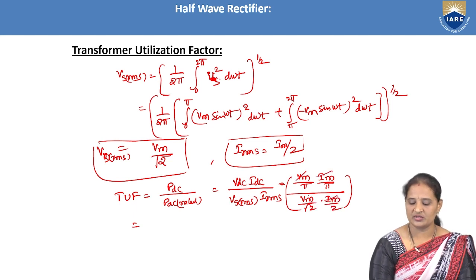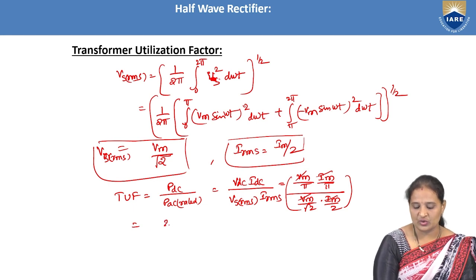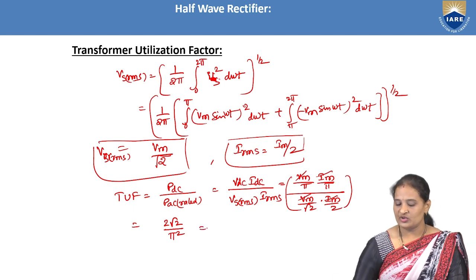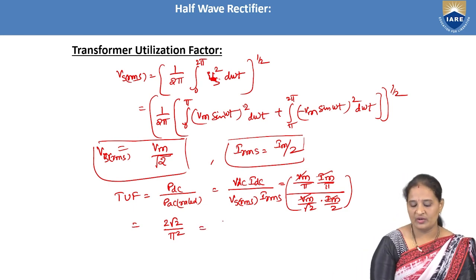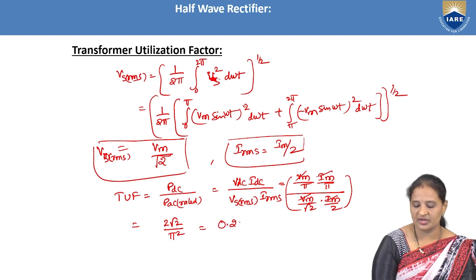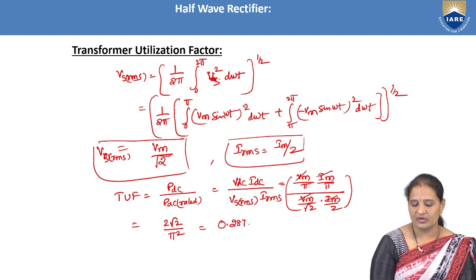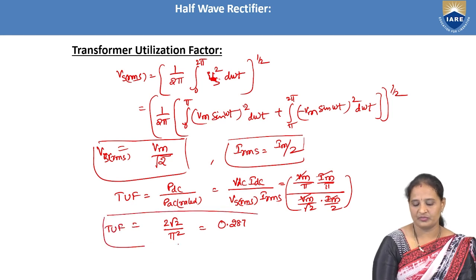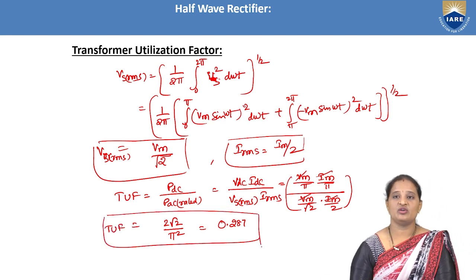So this one gets cancelled. So 2 root 2 divided by pi square. If you find out this value, you will be getting 0.287. This is the transformer utilization factor.